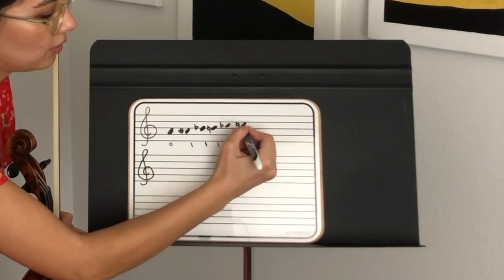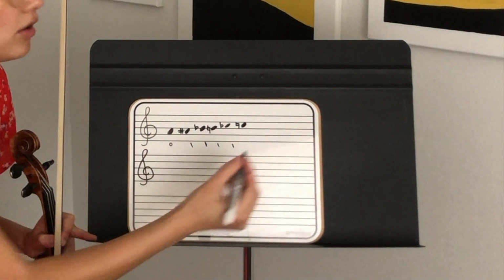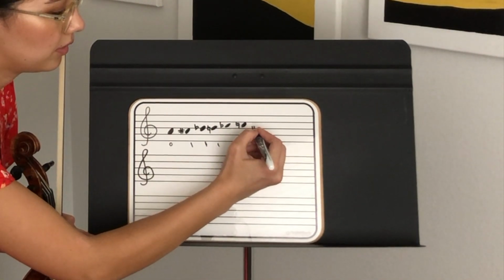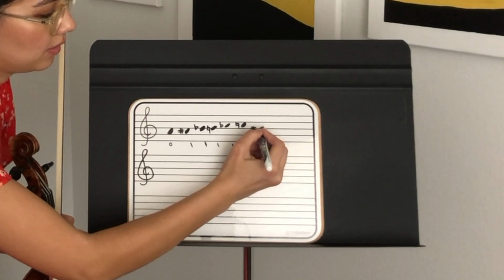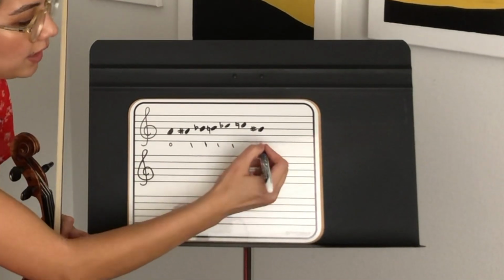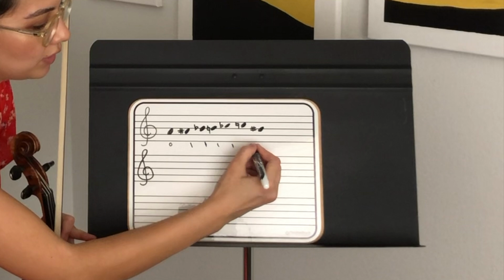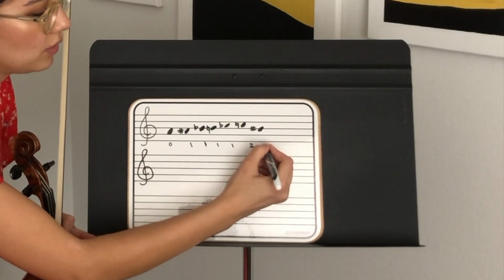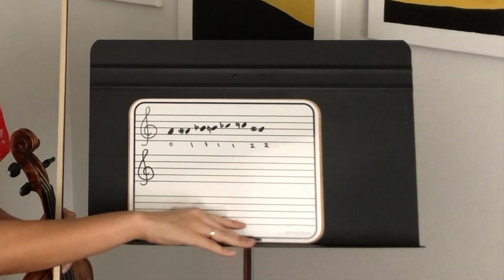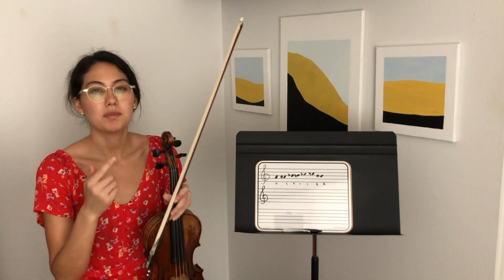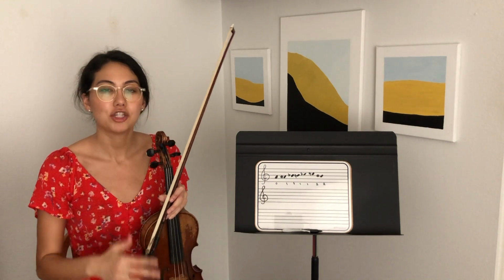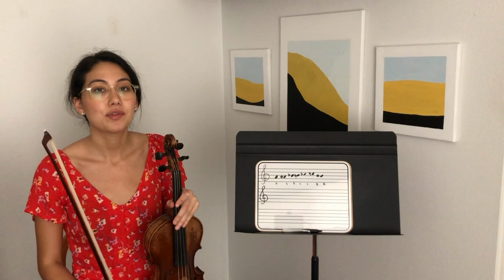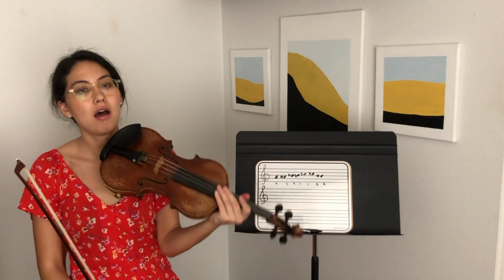And C natural can also be called B sharp. For B sharp, you can use a low 2 or you can use a high 1. It just depends on what note comes before, what position your hand is in, and what feels the most comfortable, not awkward.